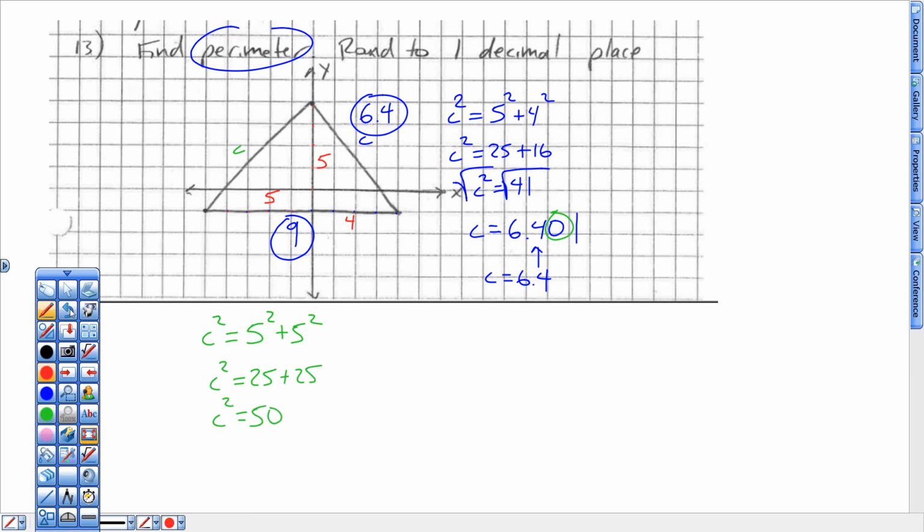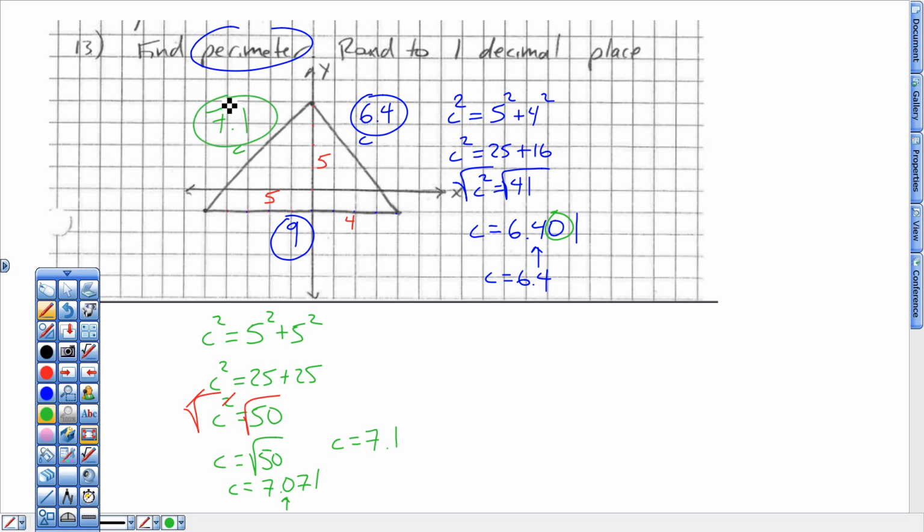My pen lets me draw a square root, which cancels these away and leaves you just plain old C. And then when I square root 50 on my calculator, that gives me my answer. So the square root of 50 is 7.071, rounding to 1 decimal place makes that 7.1.